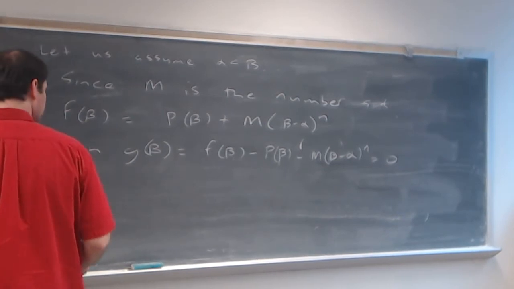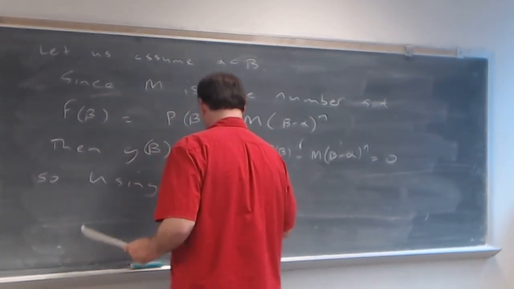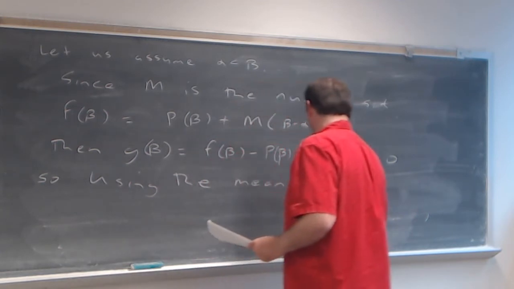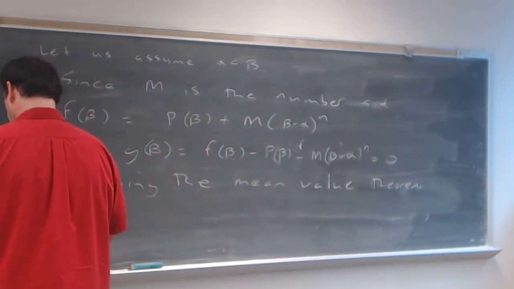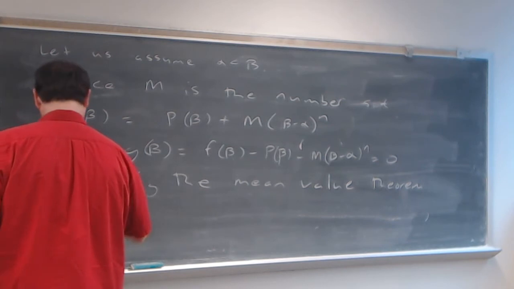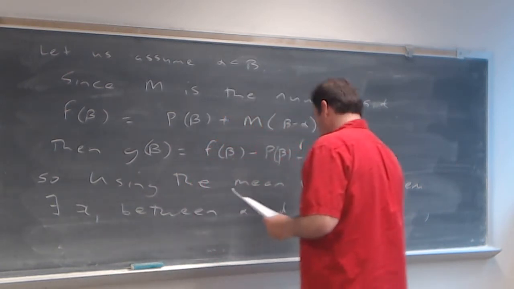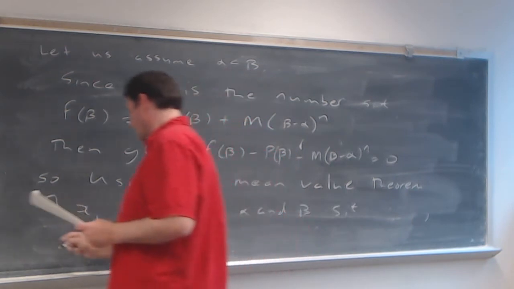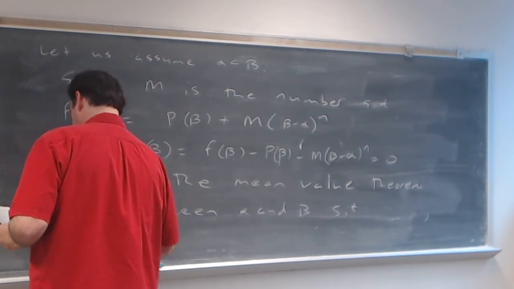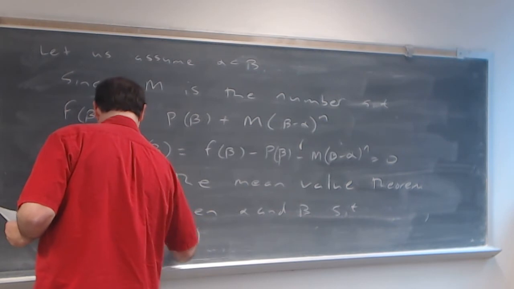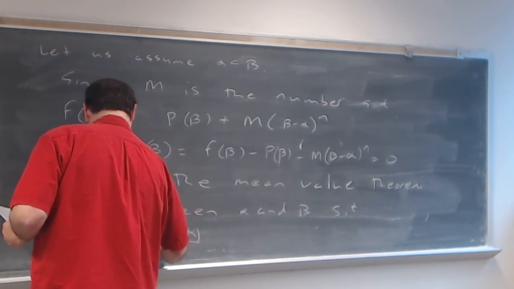Now, g of alpha was also 0. So, using the mean value theorem on g, there exists an x sub 1 between alpha and beta such that the first derivative of g evaluated at x sub 1 will be equal to g of beta minus g of alpha all over beta minus alpha.